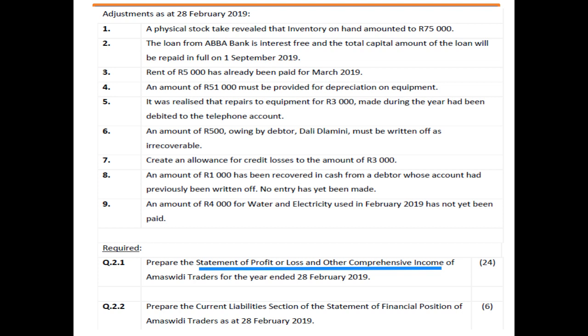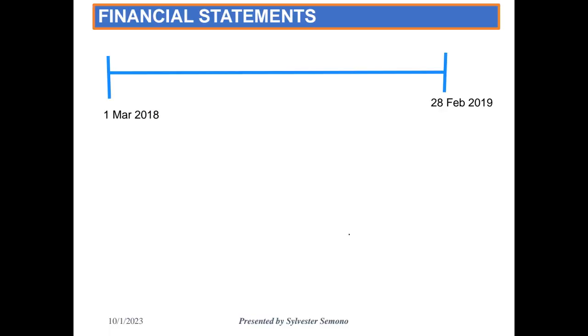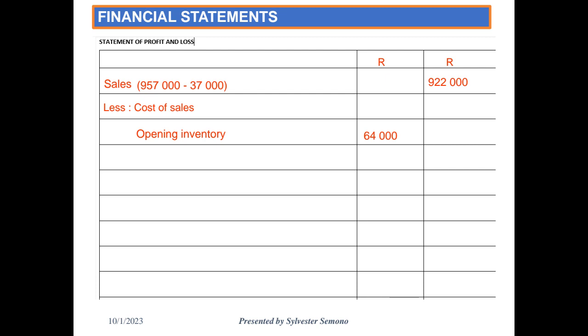Okay, let's see. Now I can see the financial statement. Can you see now? Yes, but there's no calculation. There are no calculations. No. Okay, let me just get out and get in quickly. Okay.